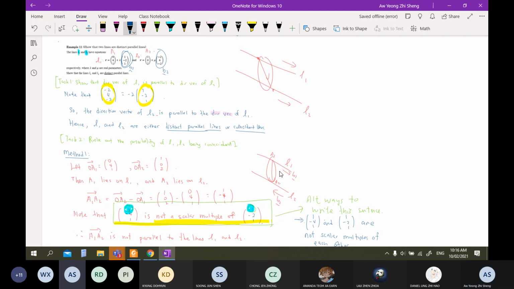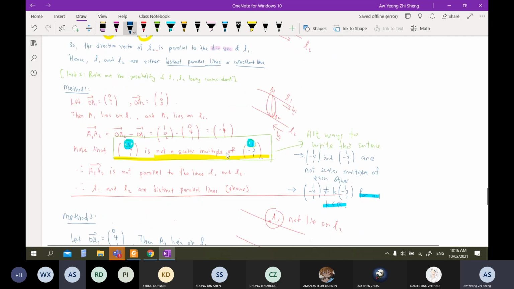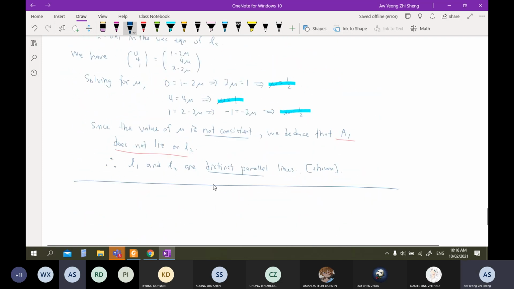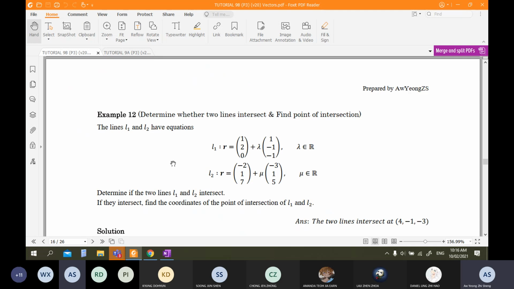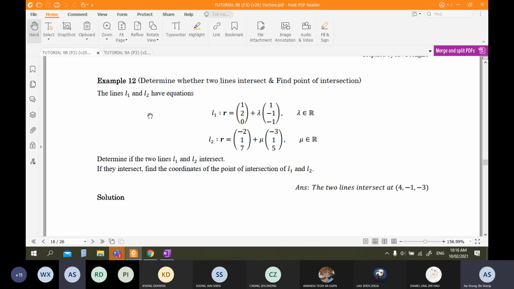It's actually not very long, and not much is being done here in terms of computation. It's only either 3 or 4 marks. What's more common in the exam will be something like example 12, checking whether two lines intersect.